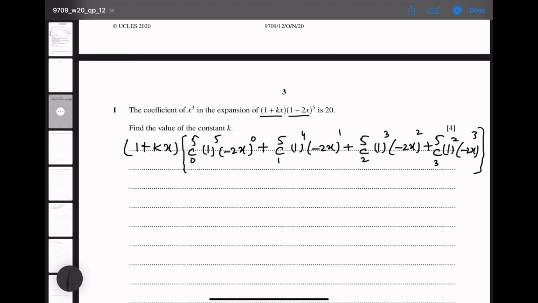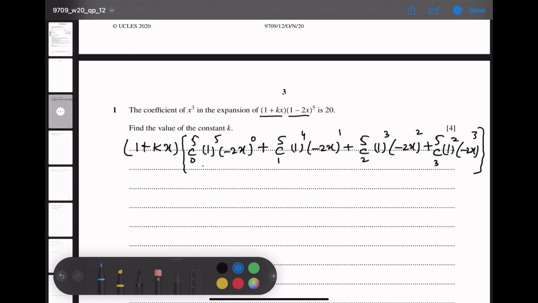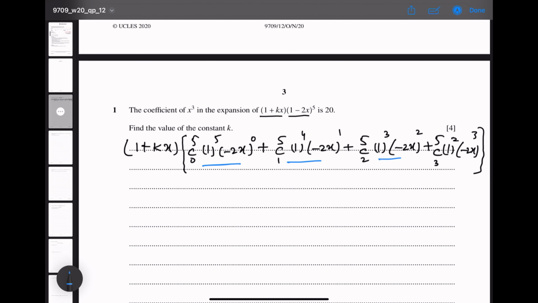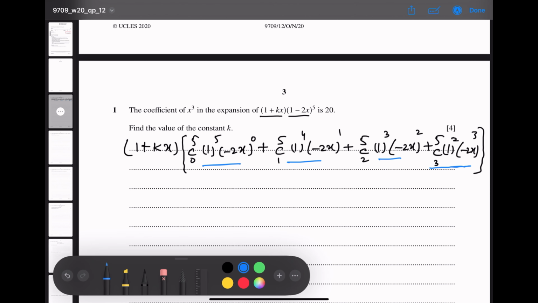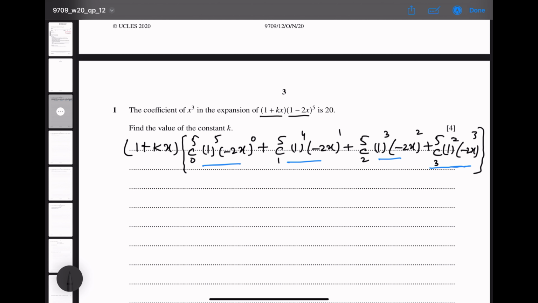Now we will simplify it. There are 4 terms: 1 2 3 4. We will simplify using the calculator, 5c0, 5c1, 5c2, 5c3. 1 plus kx remains the same.